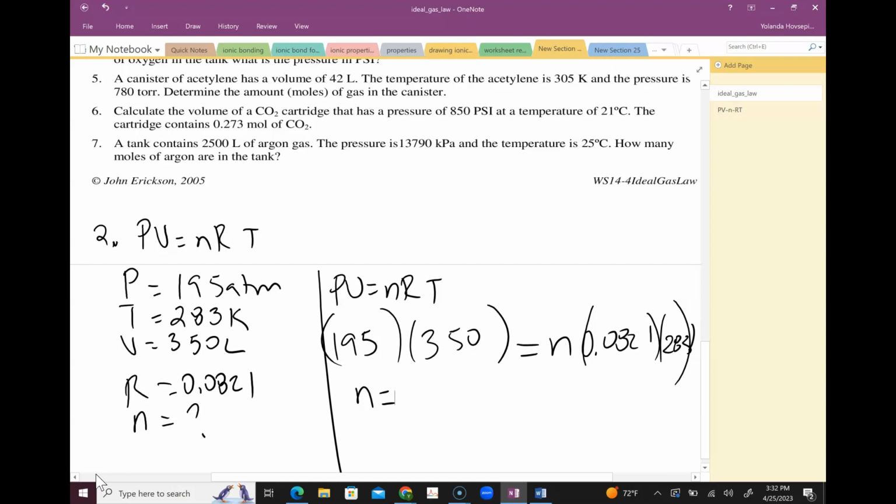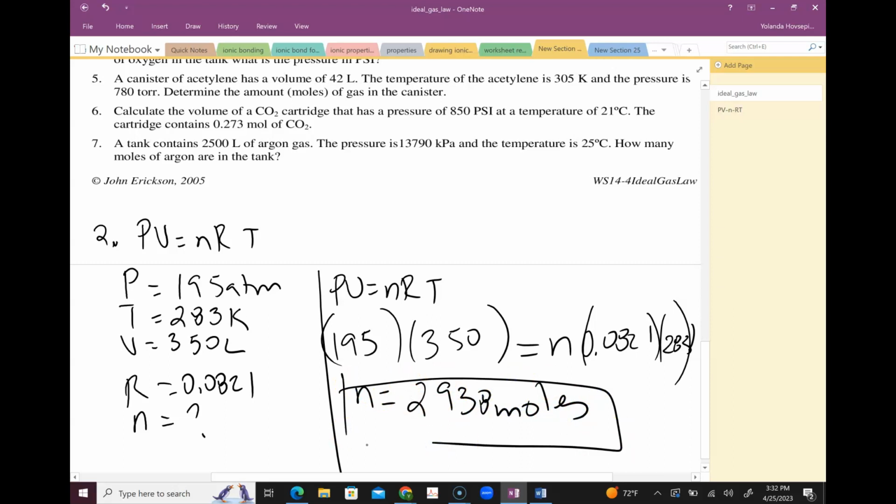And then we're going to take the product of 0.0821 times 283. That gives me 23.23. So I'm going to take the product of 195 and 350, which is 68,250, and I'm going to divide that by 23.23, which gives me 2,938 moles. And that's all there is to it.